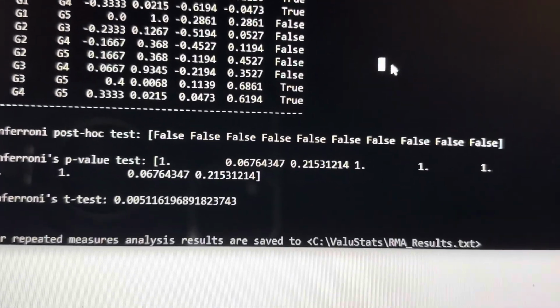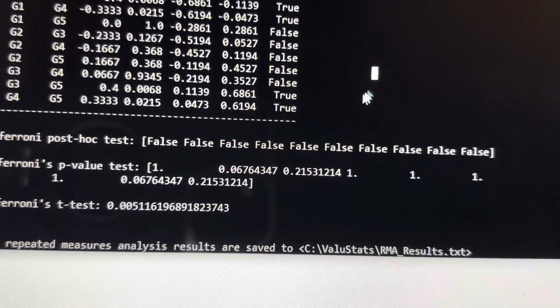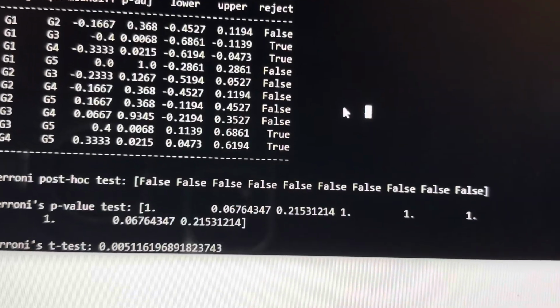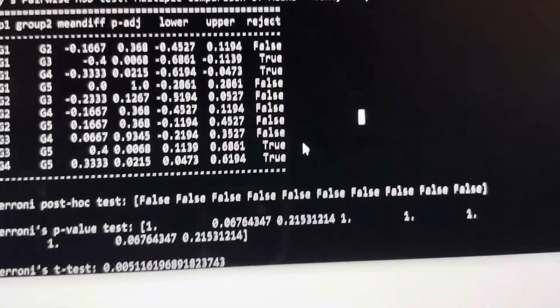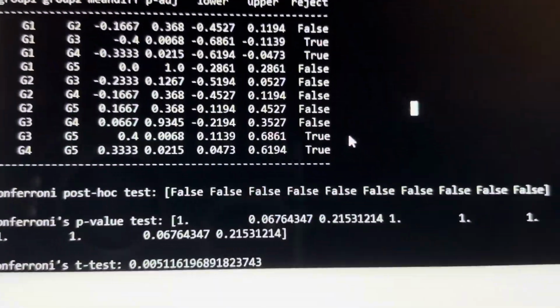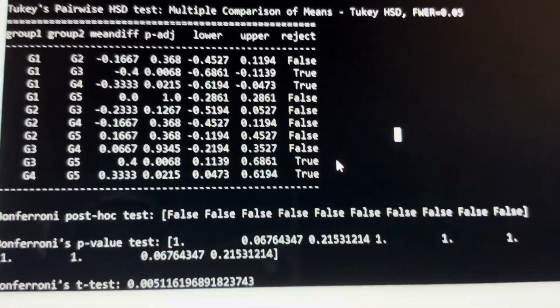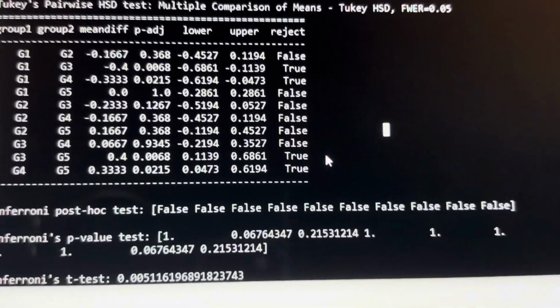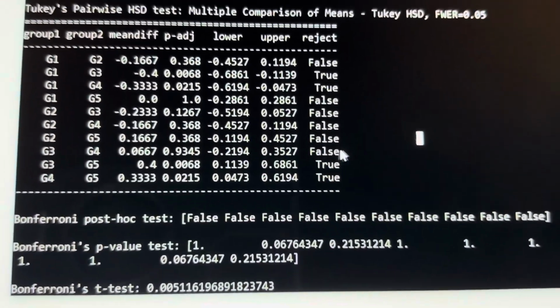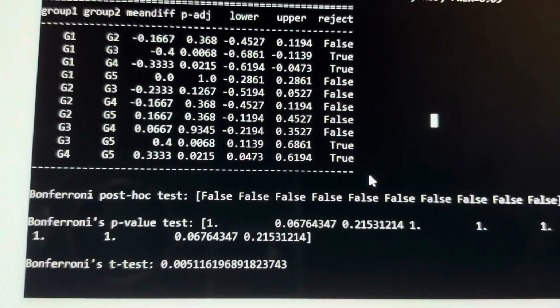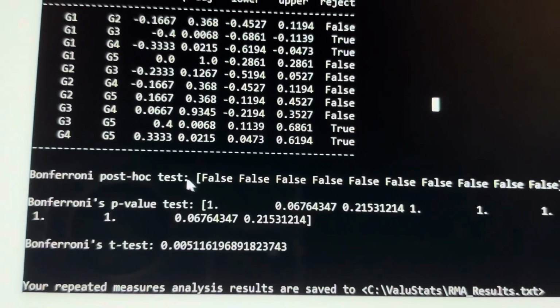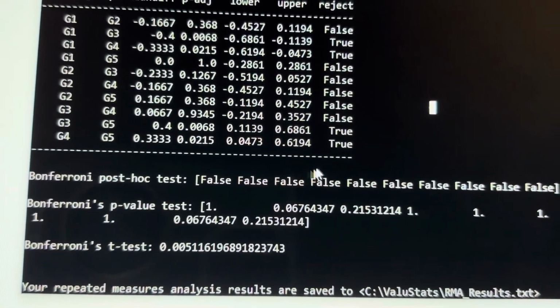The ones that are homogeneous, they are equal, it says true, and the ones that are not equal, it says false.